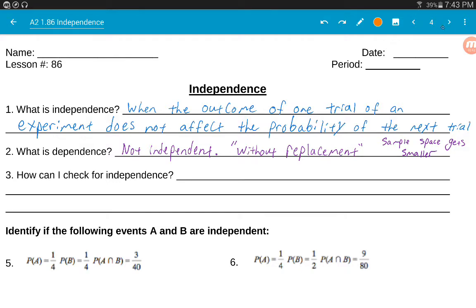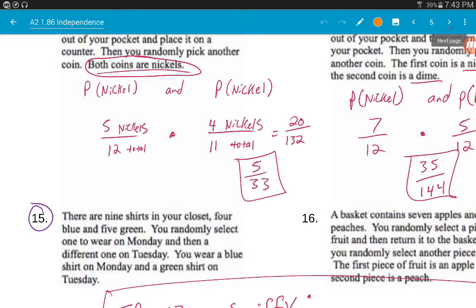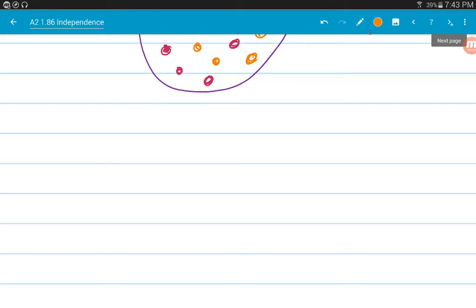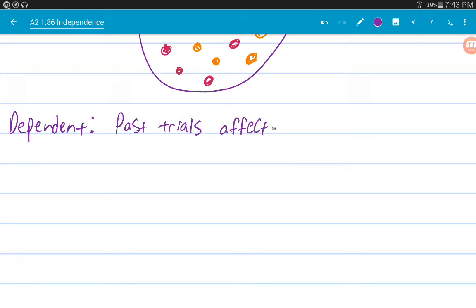So, for instance, some dependent examples. Our past trials affect our future probabilities or odds.